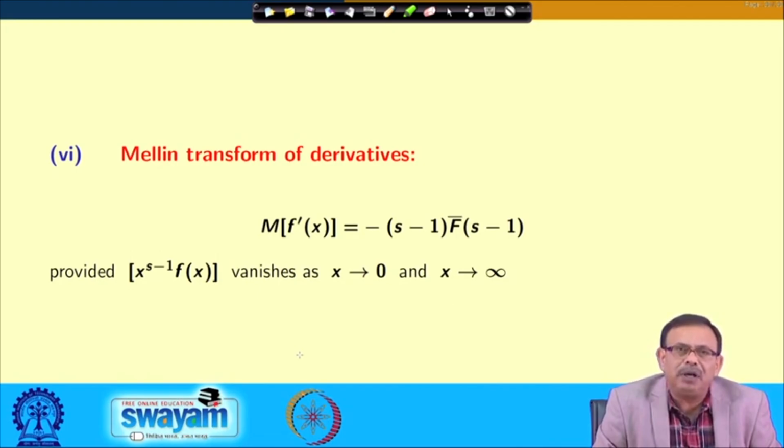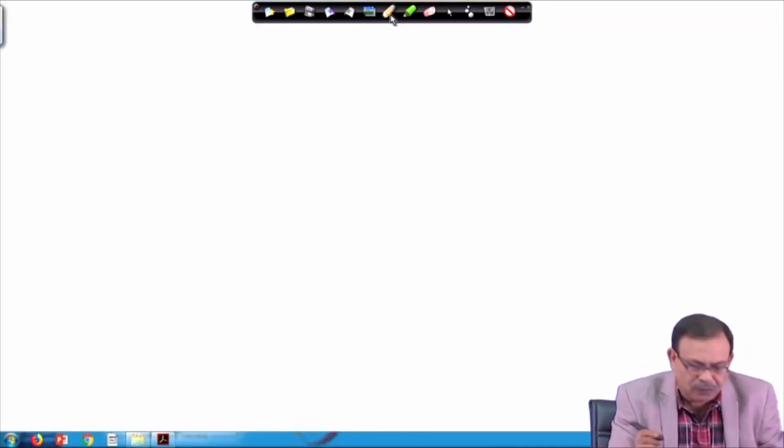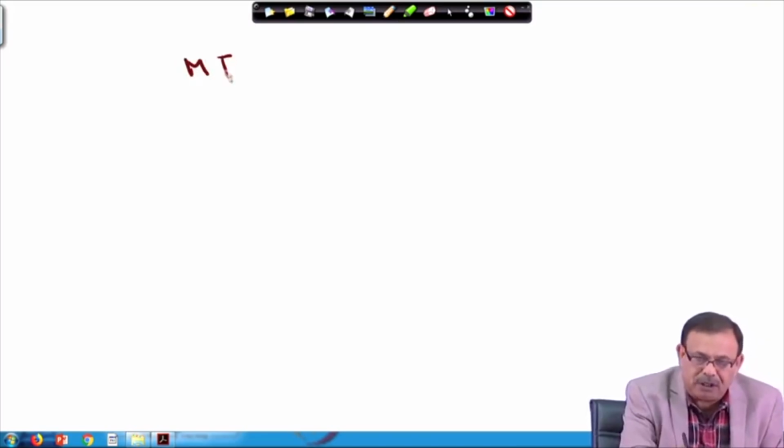Now, we are saying that the Mellin transform of f dash x equals minus (s minus 1) F bar (s minus 1), provided x to the power s minus 1 f(x) vanishes, that is approaches 0, whenever x approaches 0 and x approaches infinity.